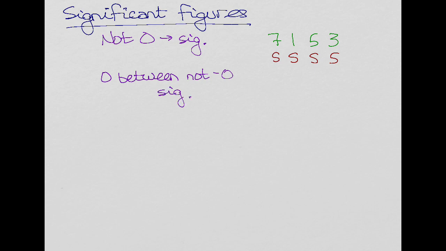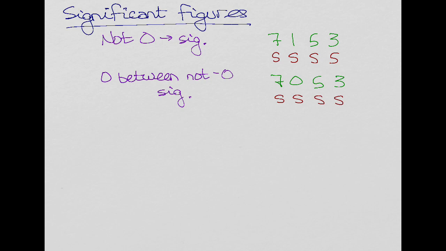So if I have the number, say, 7,053, that zero is in between 7 and 5, which are both not zero and both significant. So that zero that's in between two things that aren't zero is significant. So again, all four of those digits are significant.